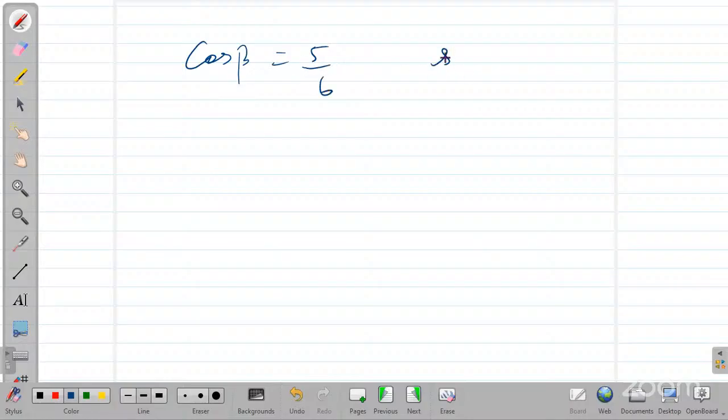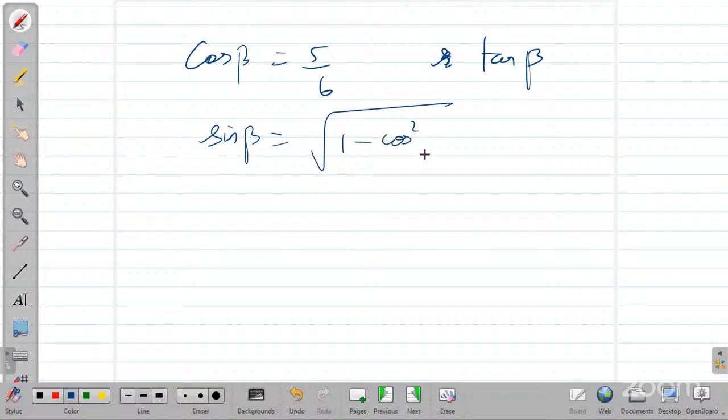We need to calculate the value of tan beta. So how do you calculate? What is your method to calculate tan beta? So you can take sine beta. Sine beta will be square root of 1 minus cos square beta. You calculate this value.